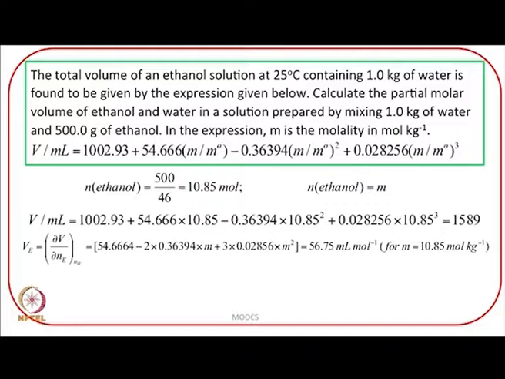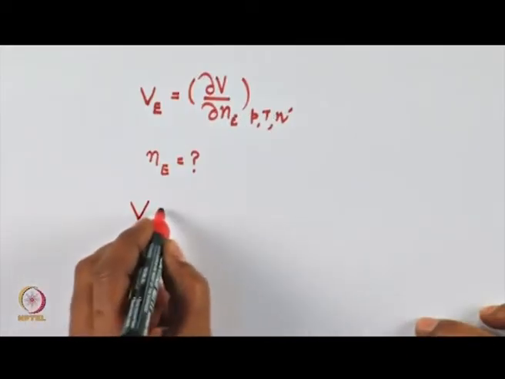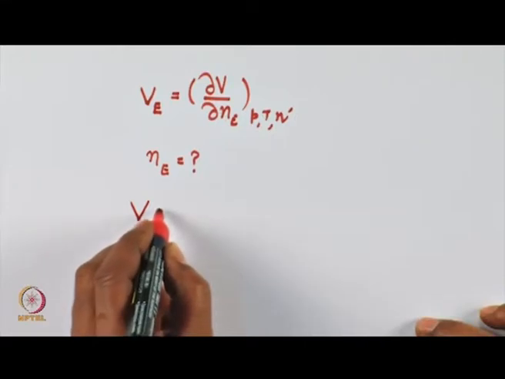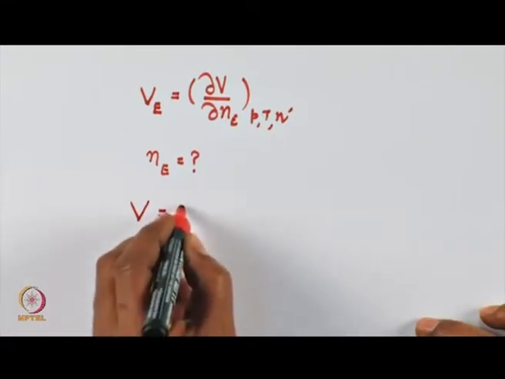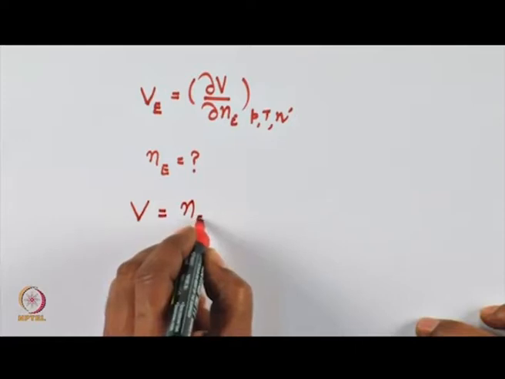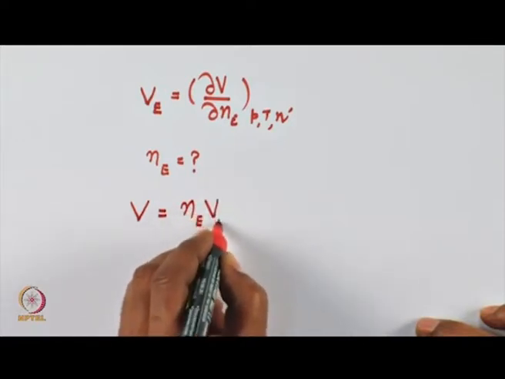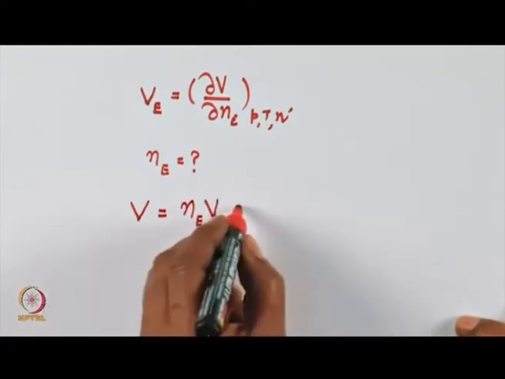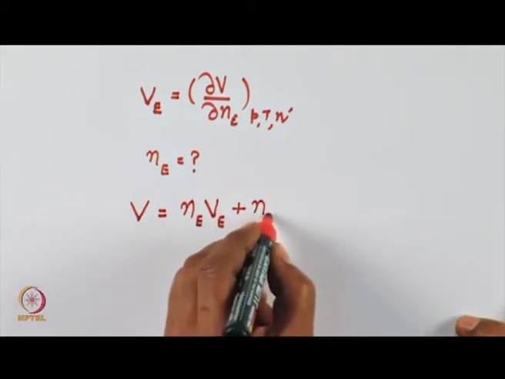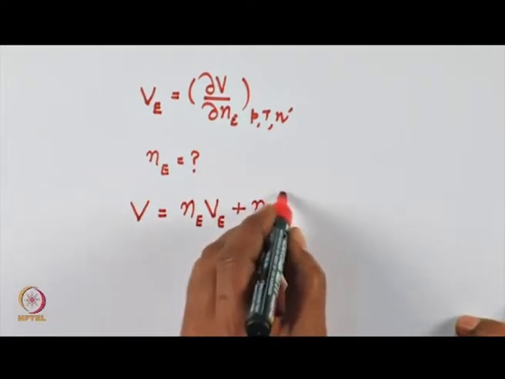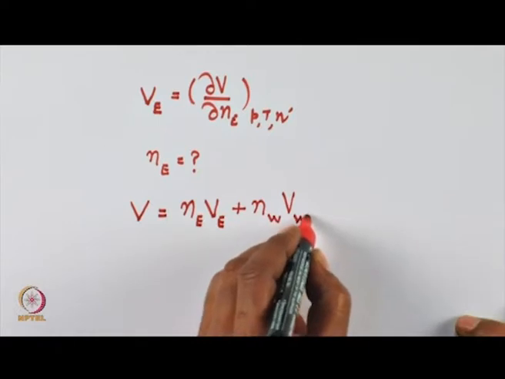Okay, so now we have the partial molar volume of ethanol. The total volume of the solution will be number of moles of ethanol into partial molar volume of ethanol plus number of moles of water into partial molar volume of water.